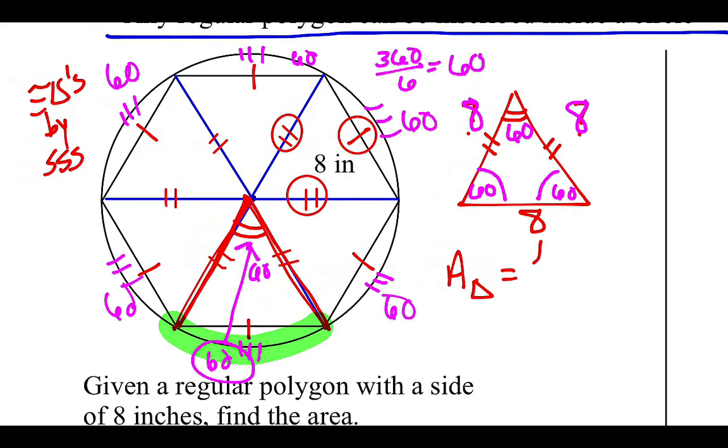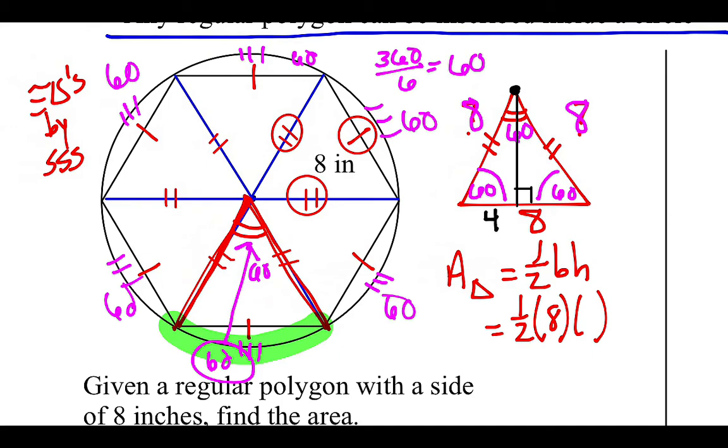So we're going to say the area of that triangle is 1/2 the base times the height. So it's 1/2 the base of 8 times the height, which I don't have. The height, remember, has to be drawn from the top of the triangle straight down to the base, where it will create a 90-degree angle. Well, since it's an isosceles triangle, that altitude is going to cut this into pieces of 4 and 4.